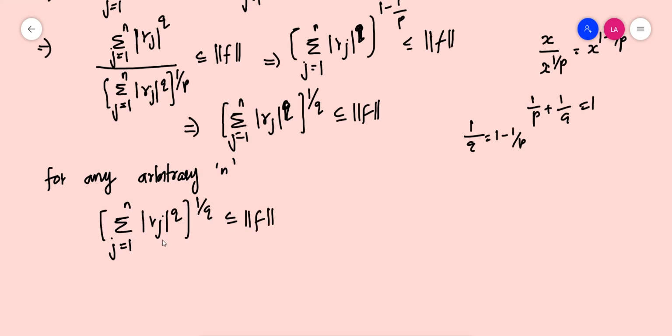Okay. So, this means that summation j is equal to 1 to infinity modulus of gamma j the whole raised to q, the whole raised to 1 by q, should also be less than or equal to norm f.